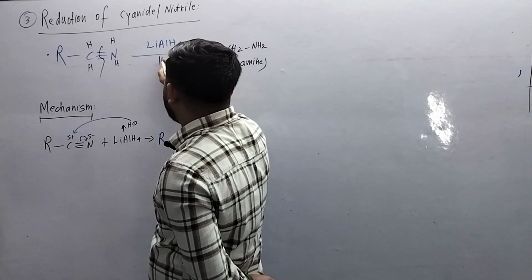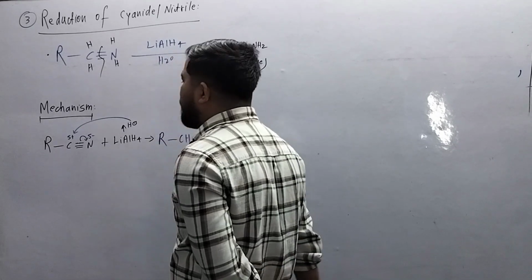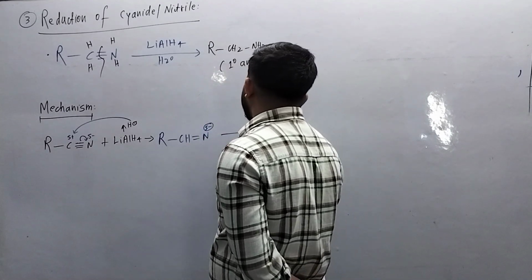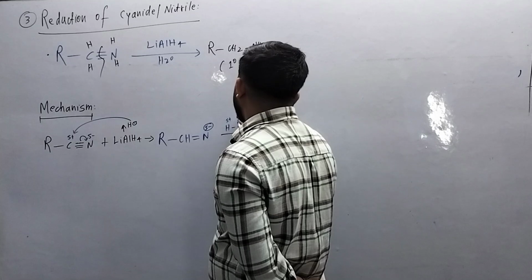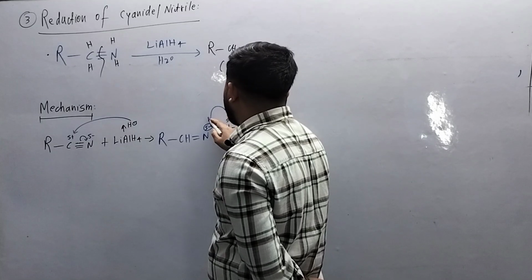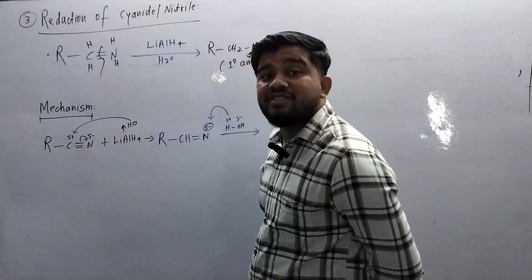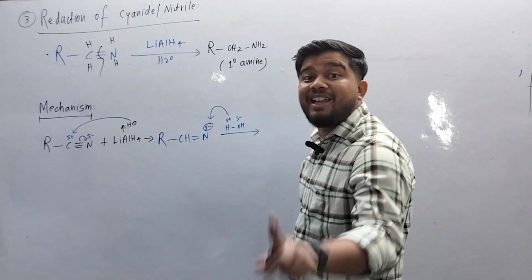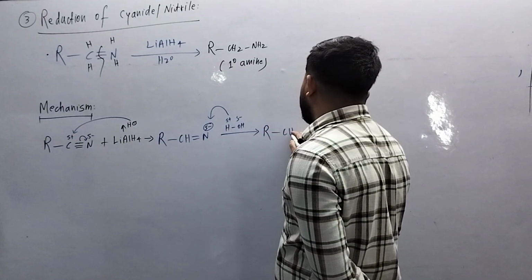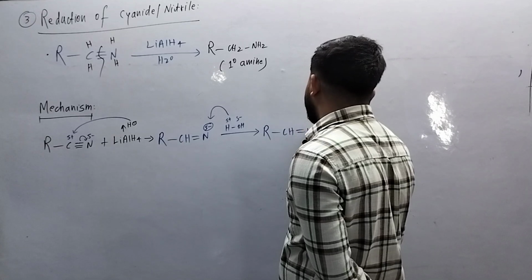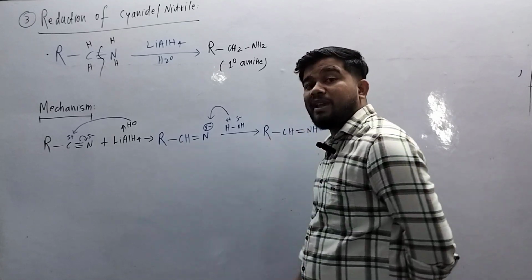In the next step, we take the solvent molecule as water. Water molecules, HOH, have delta plus and delta minus. H plus will attach to the delta minus of the nitrogen, and our intermediate product will look like an imine, CH=NH. This is called imine.